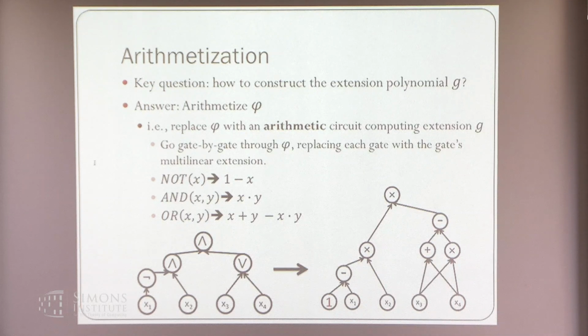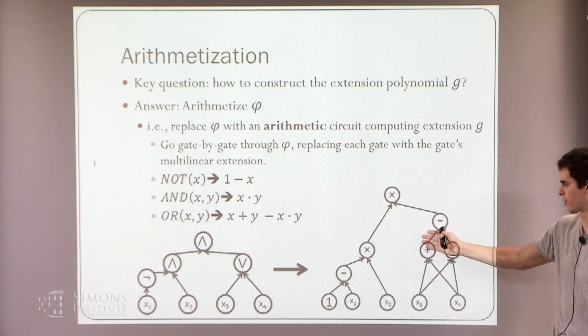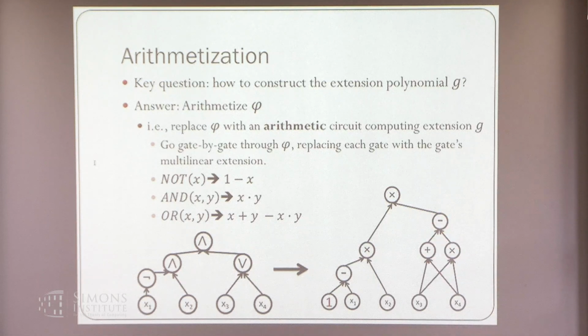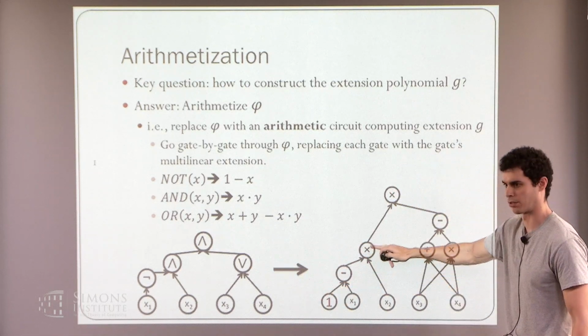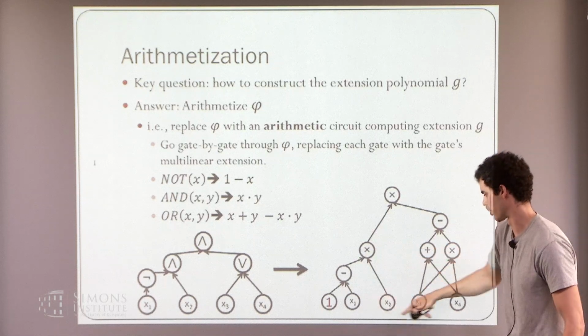Okay, that's the transformation. And it should be clear, by examining this, that this arithmetic circuit is indeed an extension polynomial, because gate by gate, as you work your way through the formula, the same kind of thing is happening in the polynomial world as long as your inputs are Boolean.